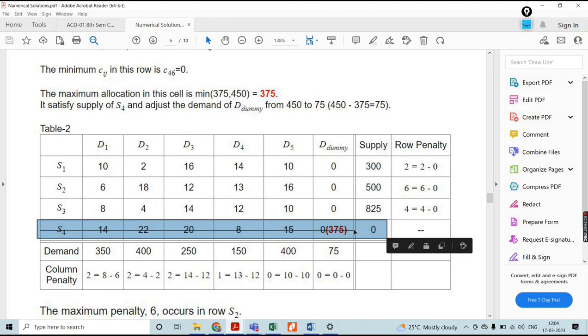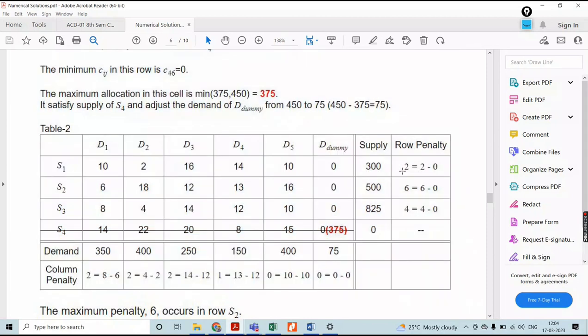Keep this in mind. Next, we have to make the value evaluation. Again, 2 minus 0 is 2. 6 minus 0 is 6. 4 minus 0 is 4. Then in this column, 8 minus 6 is 2. 4 minus 2 is 2. Then 14 minus 12 is 2.